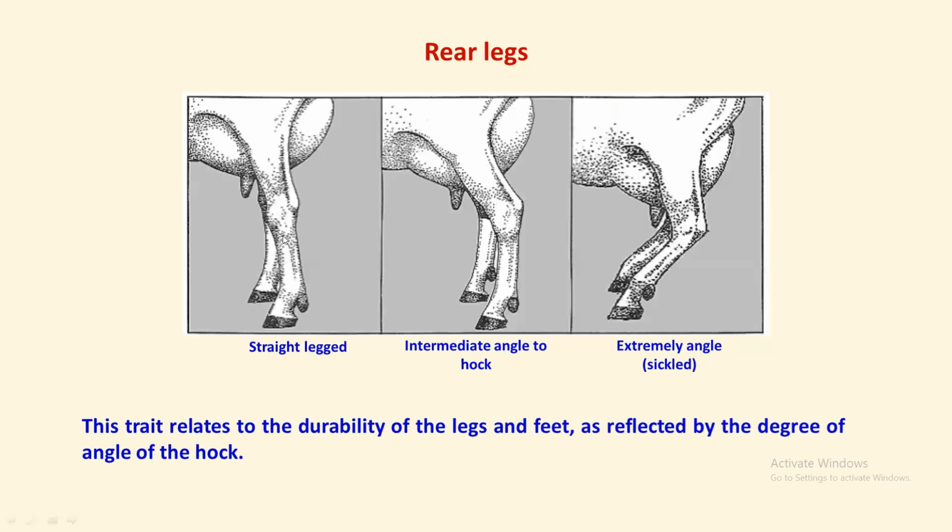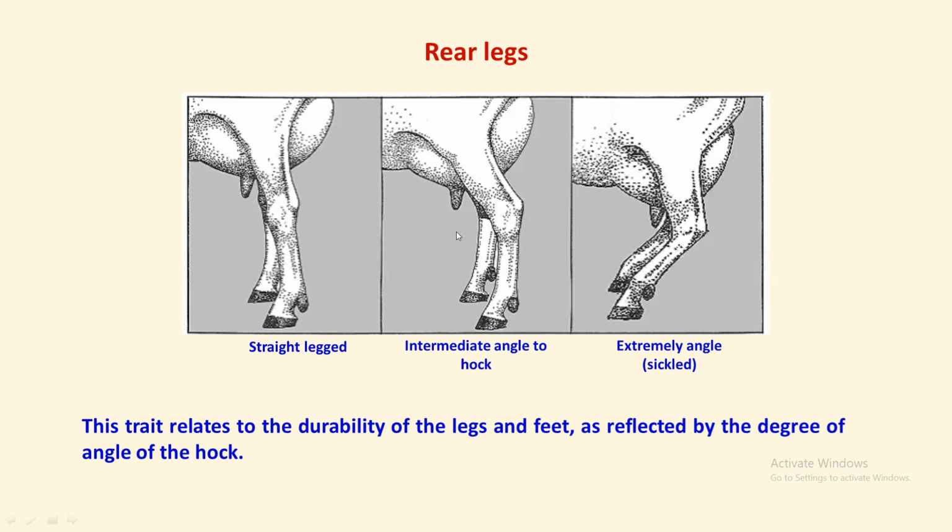I mean, the first one, which is showing a straight rear leg, is not at all recommended. Intermediate angle of the hock is recommended for meat animals. Extremely angled or sickle-angled rear leg is recommended for milk animals. So what we recommend is to go for the intermediate angle hock, so that you will be on the safer side.